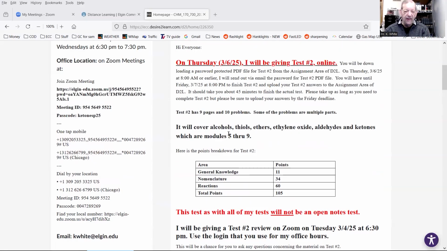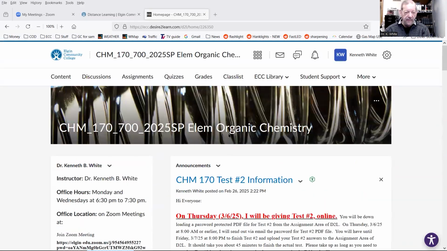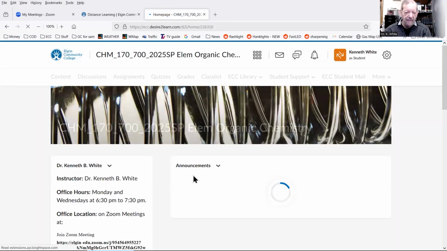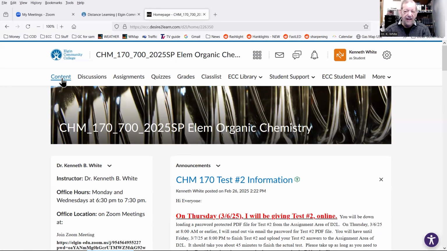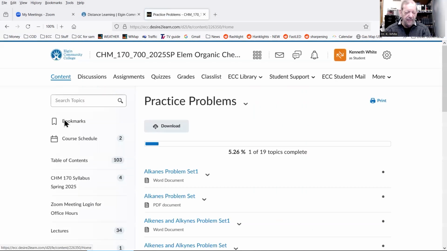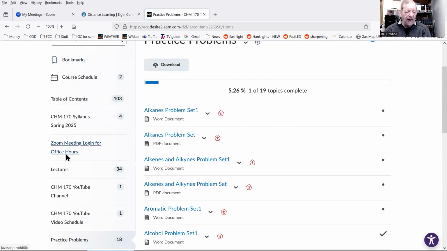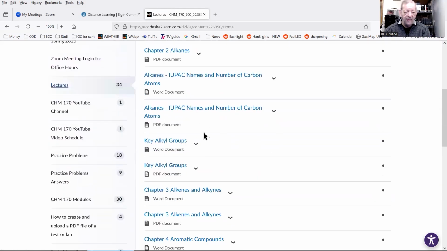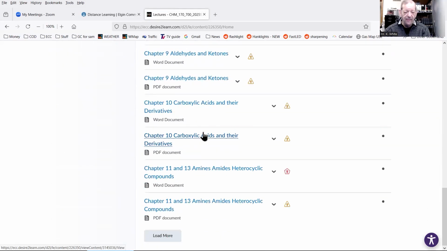All right, one thing I do want to point out, if you go to content, let me go to student view. If you click on content, then scroll down to where it says lectures, then scroll down.